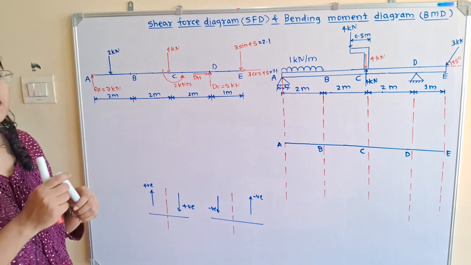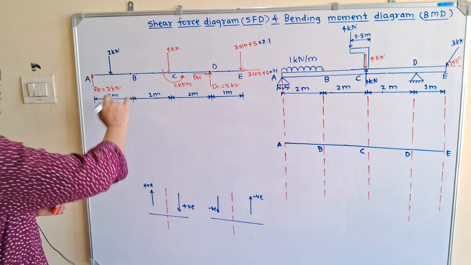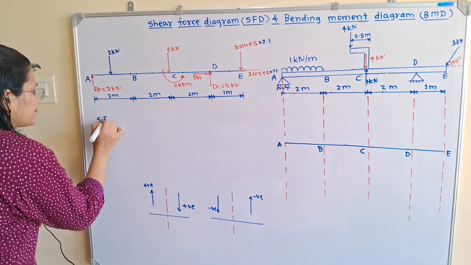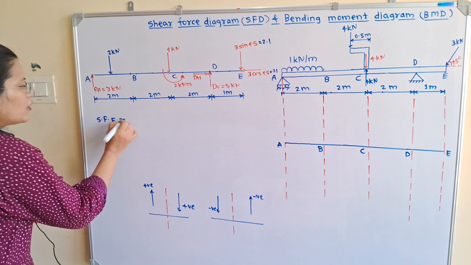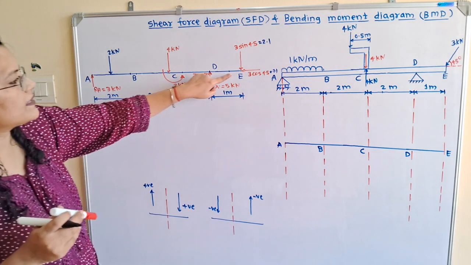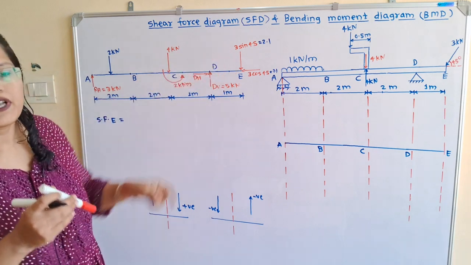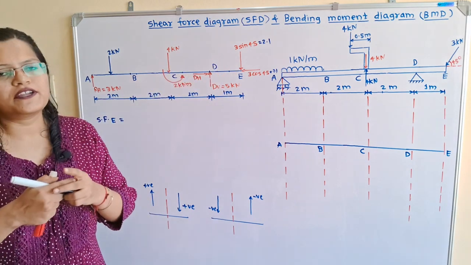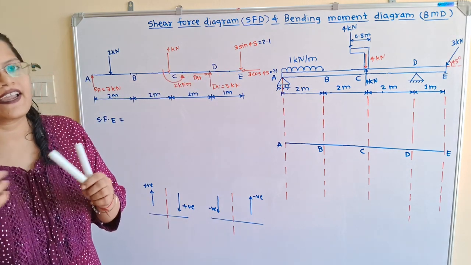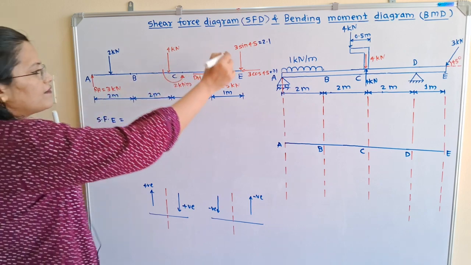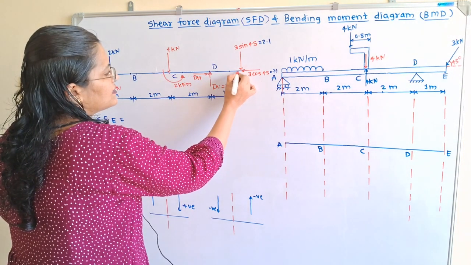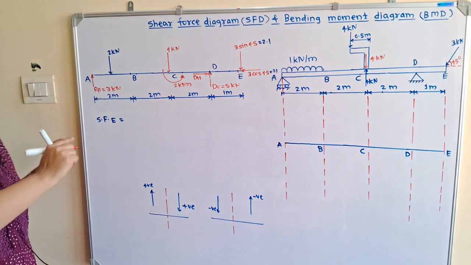Now we will first consider the shear force at point E. At point E, there is a point load. When there is a point load, we will consider the right hand side and left hand side. I will select the immediate right hand side point and the immediate left hand side point.